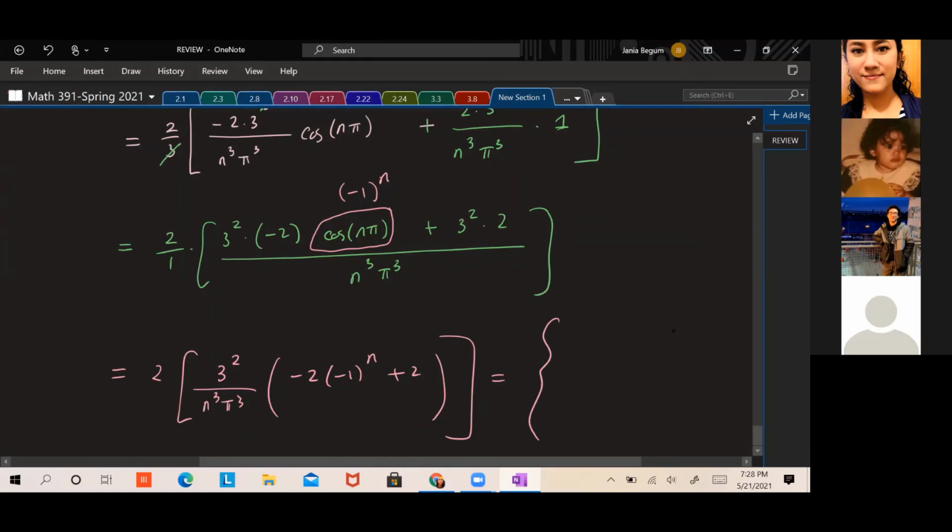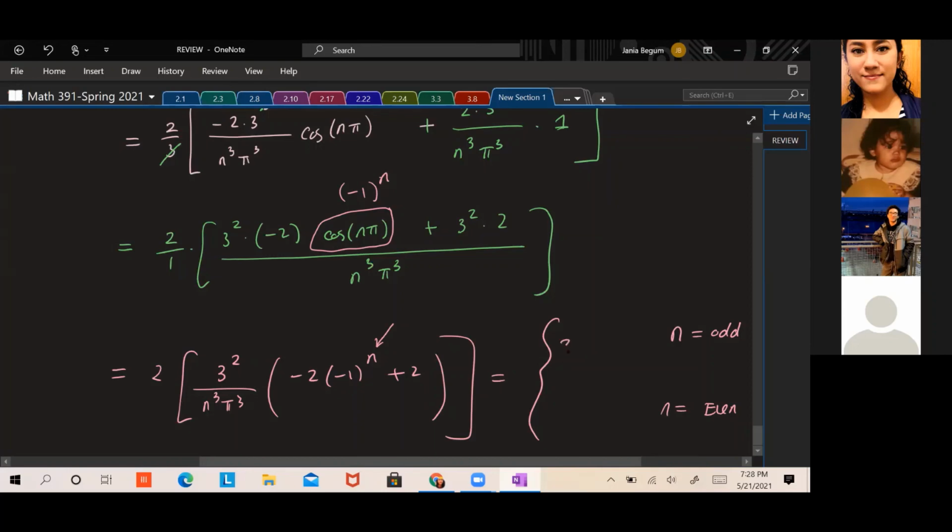This can be broken into piecewise. What happens if n is odd, and what happens if n is even? If n is odd, we get -1 times -2, that's a +2, so we actually have 4 inside the parentheses.